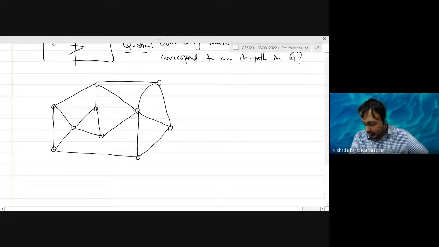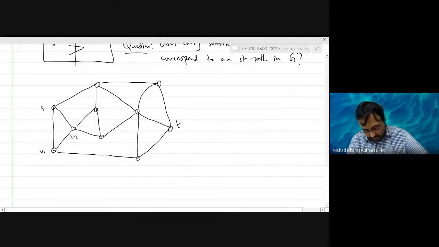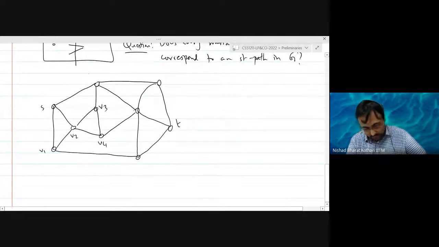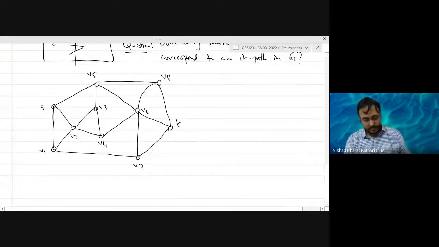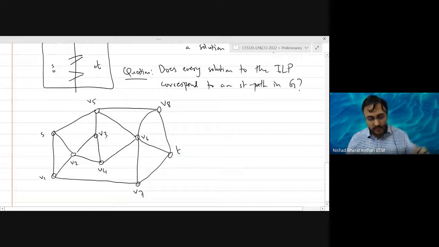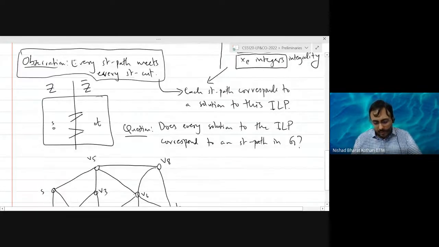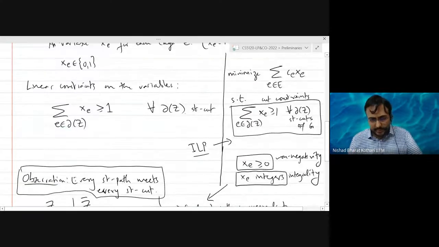Okay. So let's say this is S and this is T, and I've got V1, V2, V3, V4, V5, V6, V8, V7, and that's it. If you consider this graph and you write down all of these constraints, there is exponentially many of them, but that's fine for now, right?